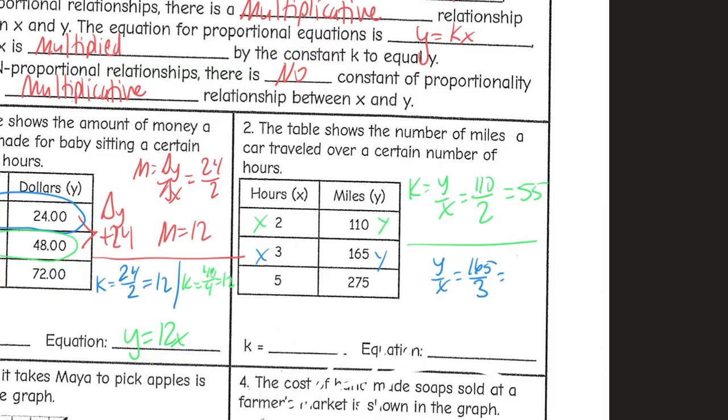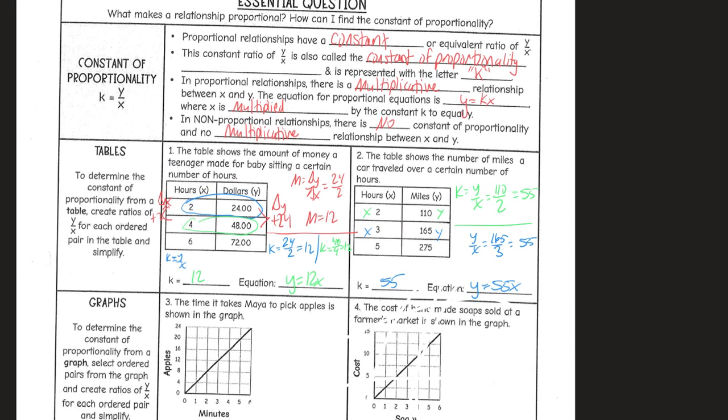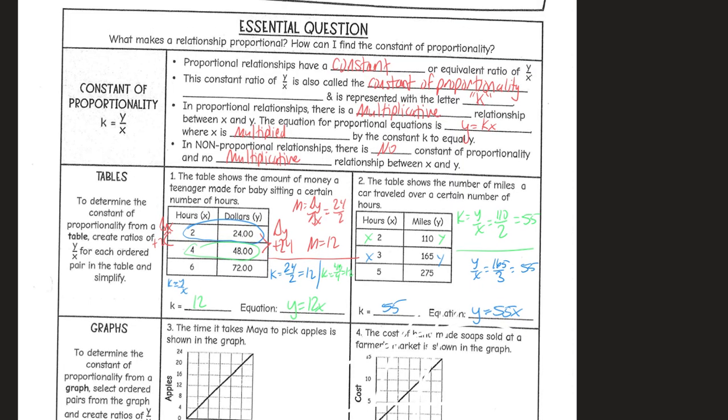If you do that on your calculator, you get 55. So k is 55, and the equation would be y equals 55x. So if you are given a proportional linear relationship, or a direct variation, you can just find the slope by doing y over x.